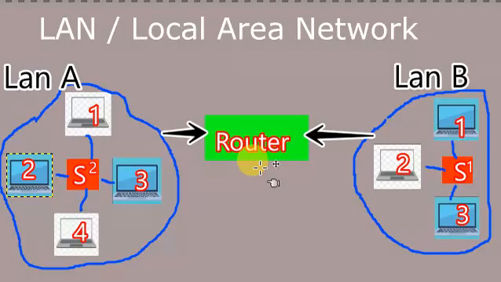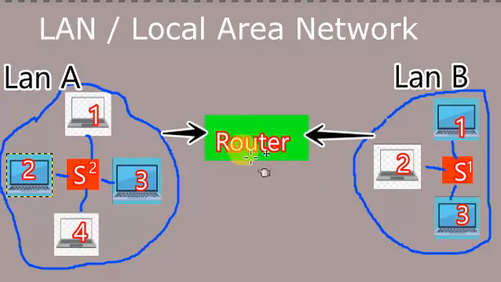So for example, a router here will connect LAN A to LAN B, meaning that computers and devices in this network, if they need to relate with this network, they have to go through the router instead of a switch. So a router will connect two local area networks together.